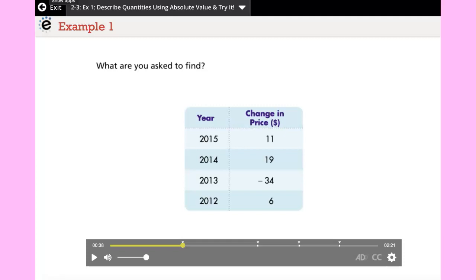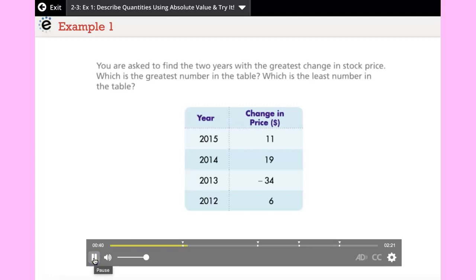Here we're going to find what values it represents. Let's pause this video. You are asked to find the 2 years with the greatest change in stock price.